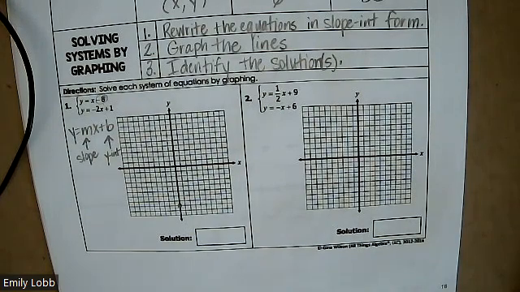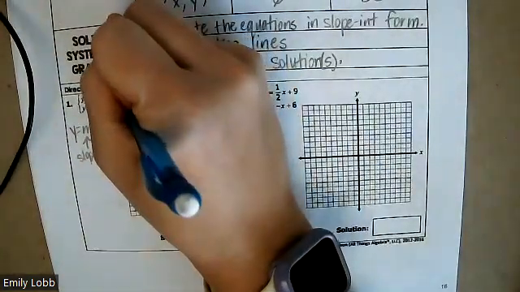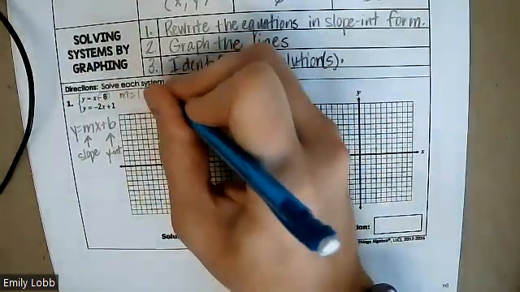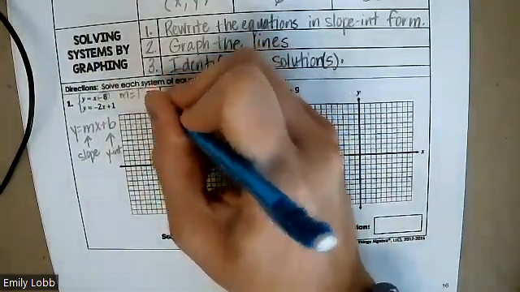And then my slope is what? Positive or negative? My slope is positive because what is the coefficient of x? The coefficient is 1. So if I think of this as a fraction, I think of it as 1 over 1.